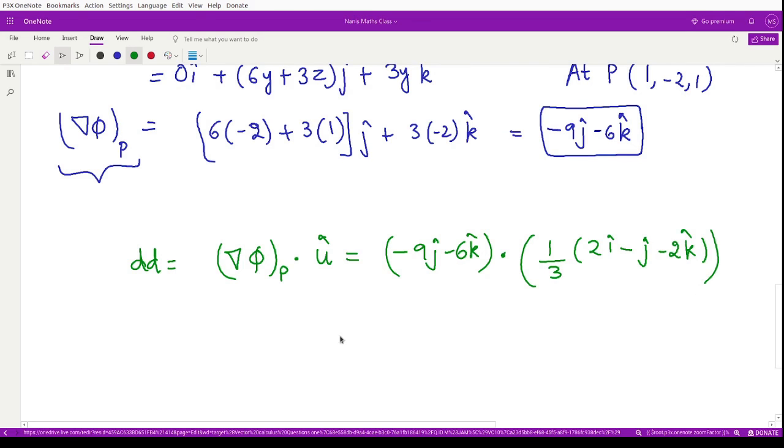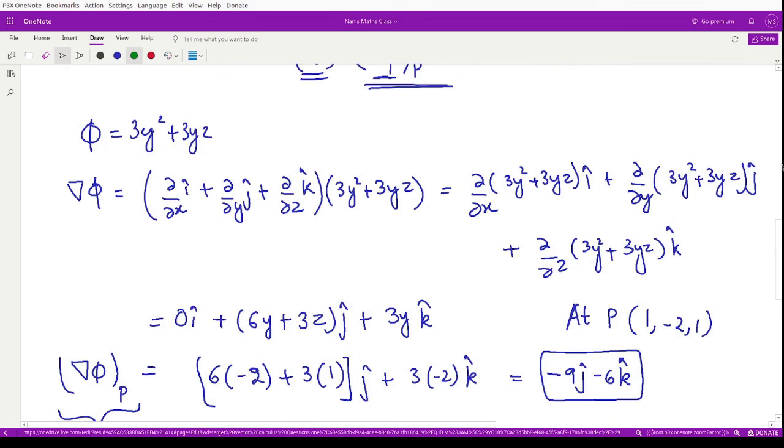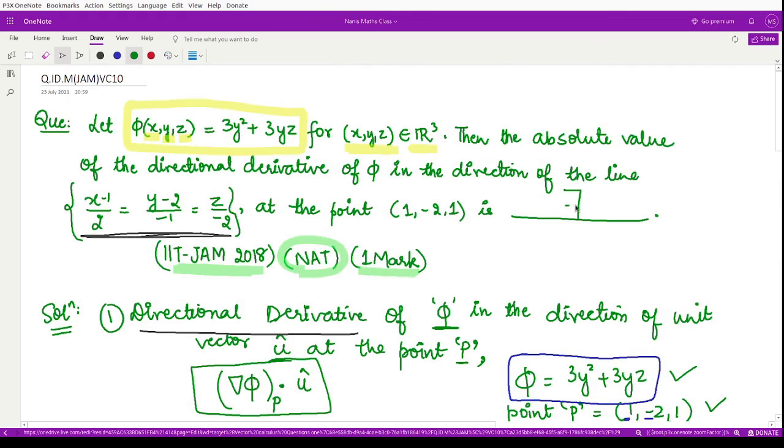You just have to take the dot product: i with i, j with j, k with k. So it would be 1 by 3 times plus 9 plus 12, which is 21 by 3, equal to 7. So the value of the directional derivative is 7, and your final answer is 7.